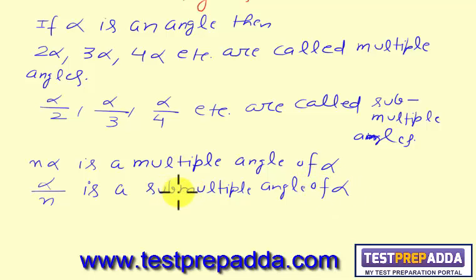Got it? Where n belongs to natural numbers. This way we define multiple and submultiple angles.